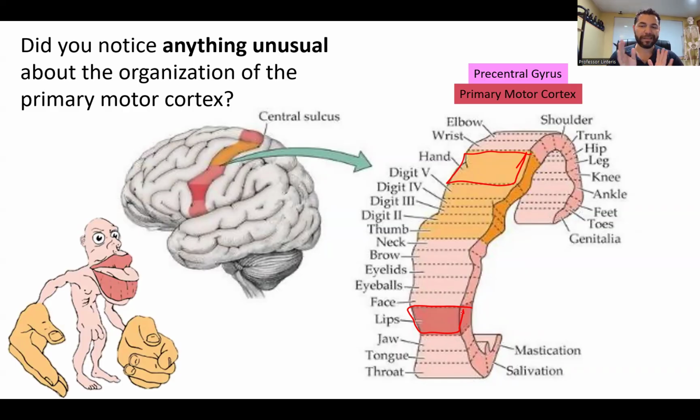So we'll take a look at this in the next slide as well, but they kind of come up with these images to show how many neurons are in particular areas. So clearly here you see that the lips are enlarged and the hands are enlarged. And obviously, based off that picture I just showed you, you have more neurons controlling these areas.